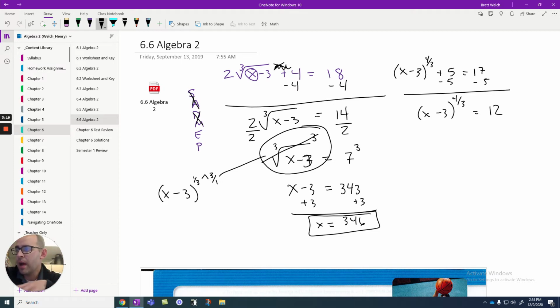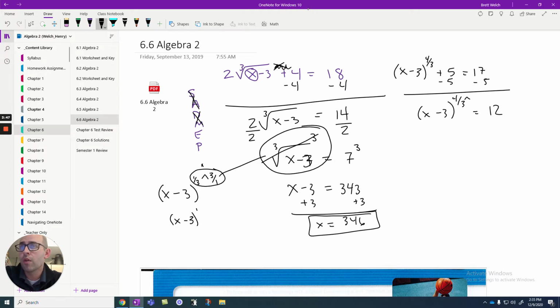If we think about raising the exponent to its reciprocal, we remember that our rule for raising an exponent to another exponent is called the power of a power rule, that we end up multiplying these two numbers together. If we multiply 1/3 by 3, we get 1. And we don't need to write an exponent of 1 on that parentheses, and that's why we were able to drop the parentheses altogether.